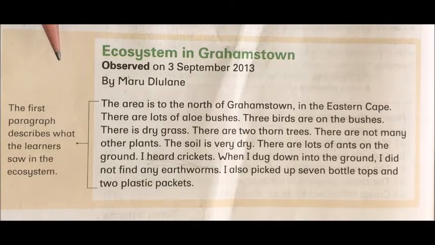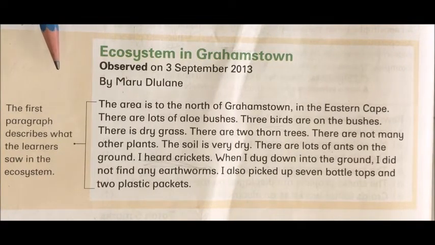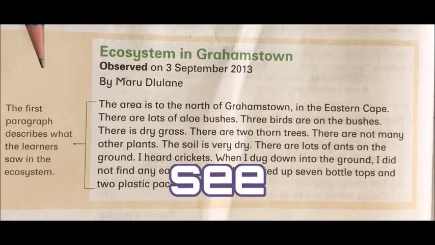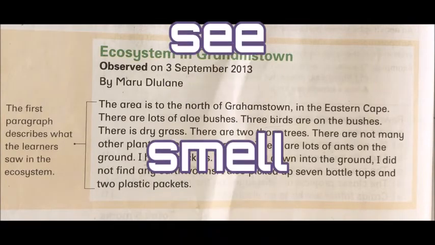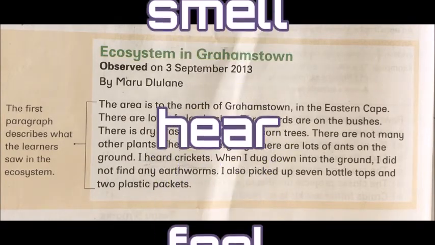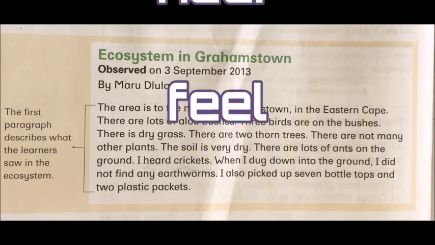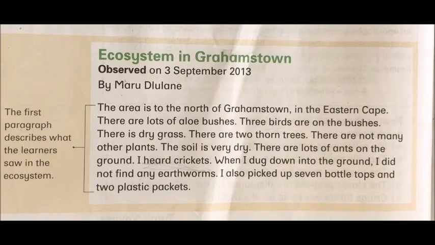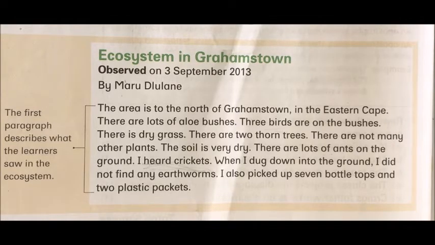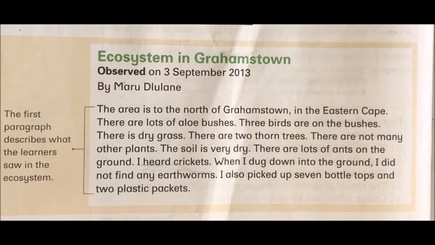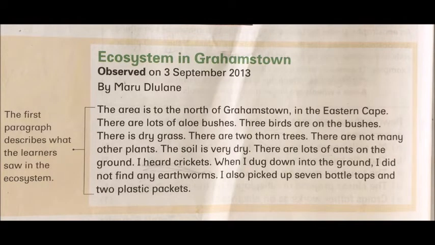Now, grade 6s, it's not only going to be what you see, but also what you smell, what you hear, and what you feel. So we are going to try to include all the senses and not just what you see. So the first paragraph is all about observing: see, smell, touch, and hear.